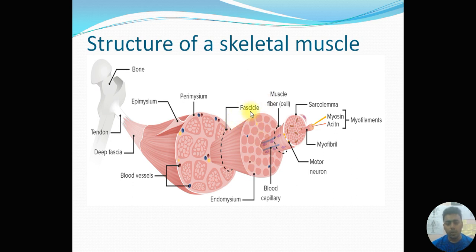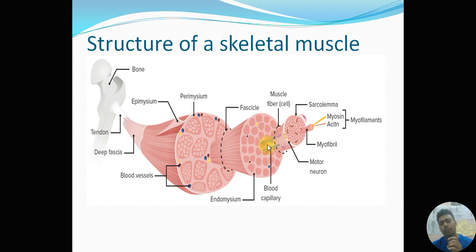Now, one fascicle also has lots of muscle fibers and endomysium. Over here, the gap area is called endomysium, and these solid-looking things are called muscle fibers.